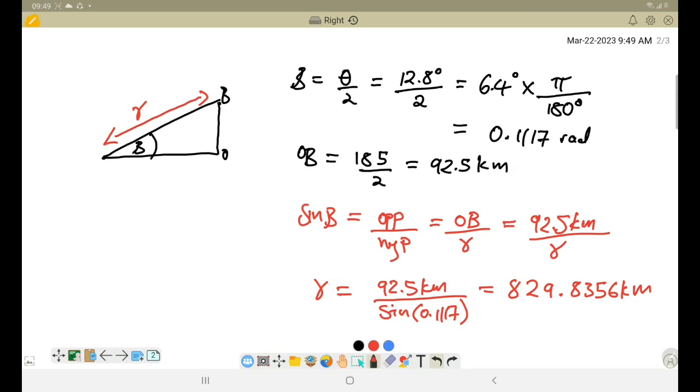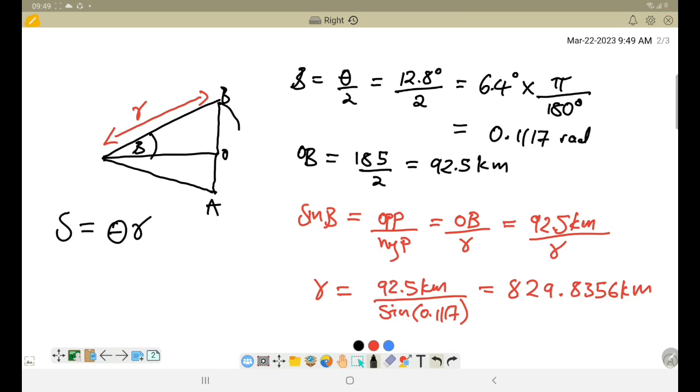So since we found R, then we know that arc length is given by theta times R. We can extend our drawing like this from the way it was given from the start.